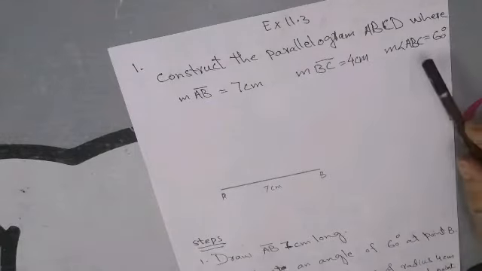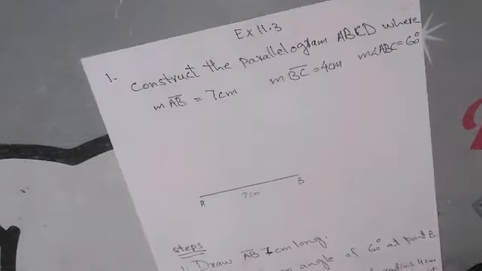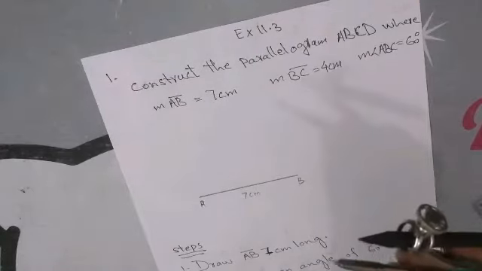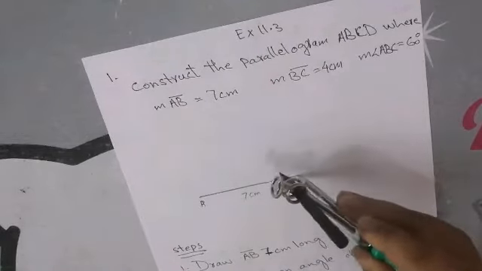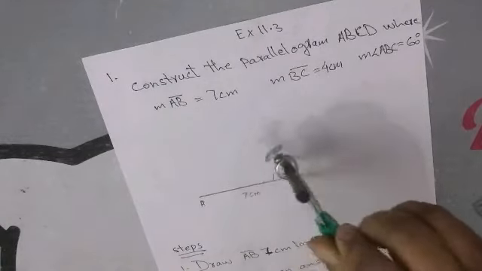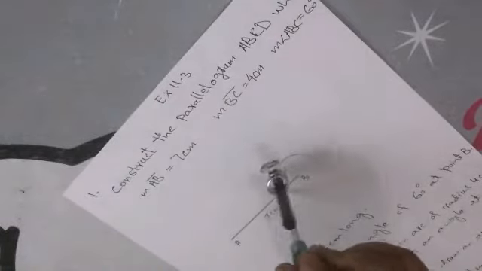After that you are given that the angle is at point B. Means that at point B you have to draw an angle of 60 degrees, but not with the help of a protractor, with the help of a compass. How can you draw the 60 degrees? You open your compass slightly like this and then you draw this half circle from inside the line like this. Okay, now at this point you draw an arc.